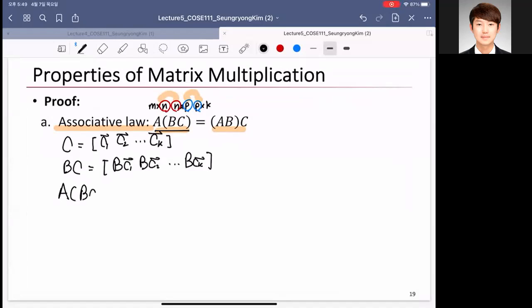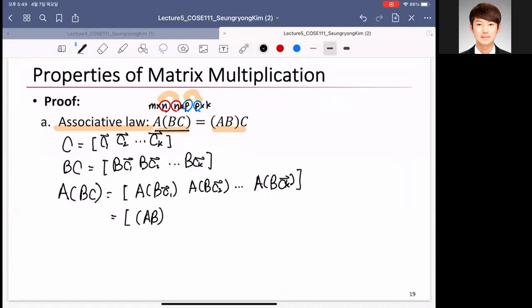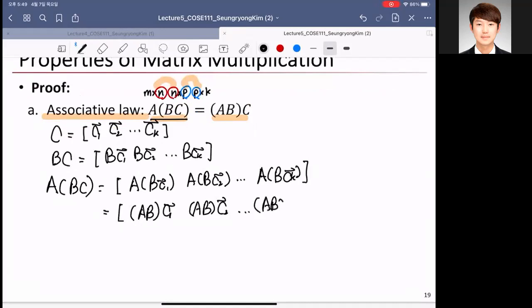And A(BC) is going to be A(Bc1), A(Bc2), up to A(Bck), like this, which is going to be (AB)c1, (AB)c2, up to (AB)ck by the properties of matrix-vector products, which is going to be (AB)C, by the definition.